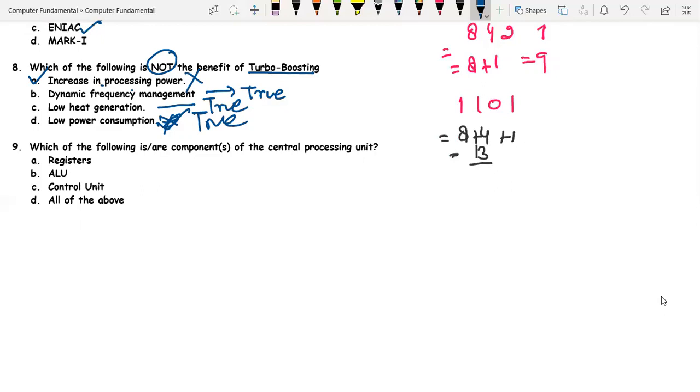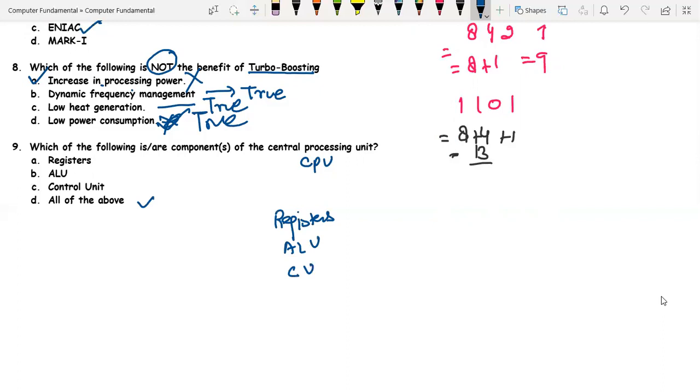Which of the following are components of the central processing unit or CPU? All of the above. Registers, ALU, and control unit.